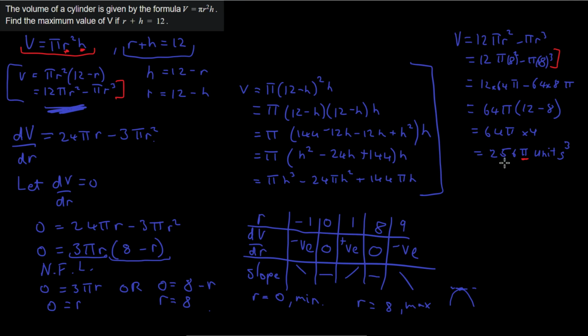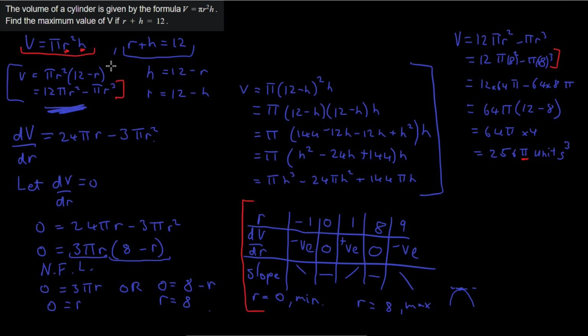It is exactly 256 pi units cubed. And that is it. That's the video. We found the maximum value. We've checked by using our gradient table down here. We've checked r equals 8. That is when the volume will be a maximum. And we've done that using derivatives.